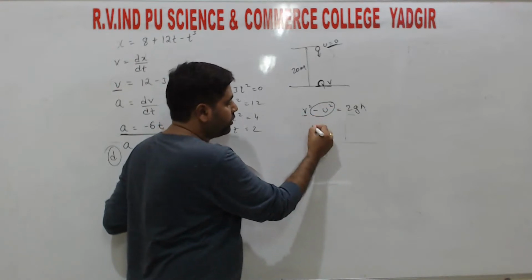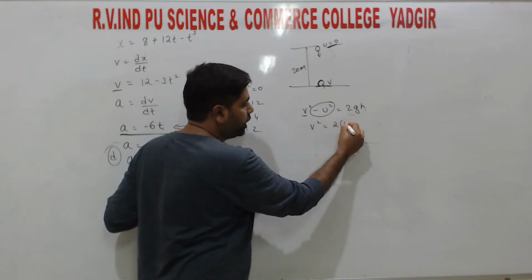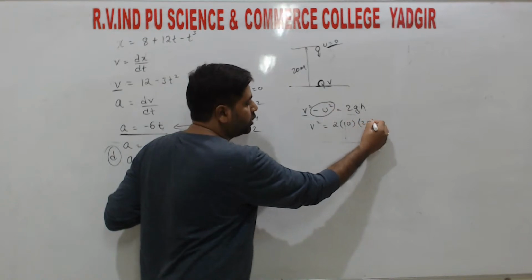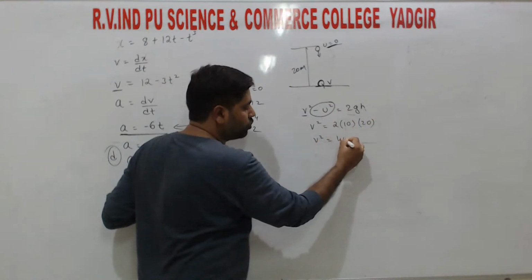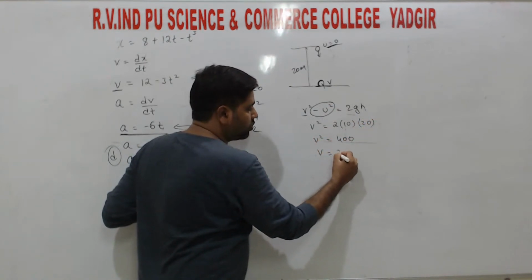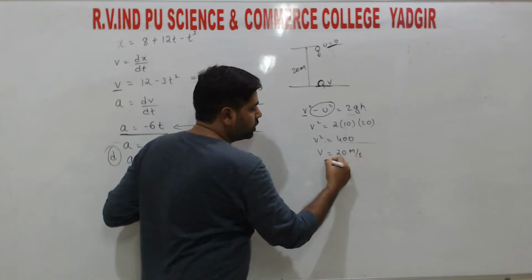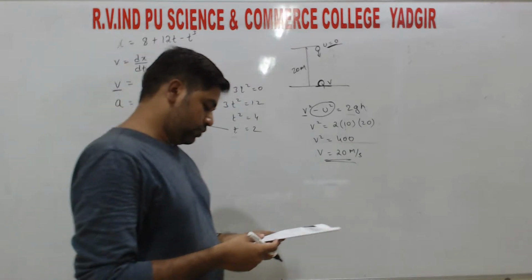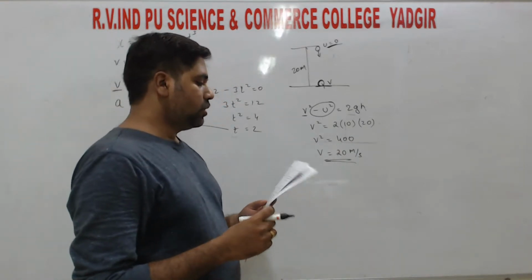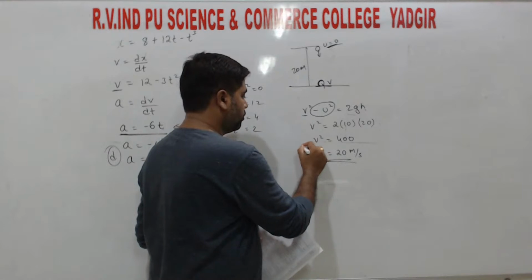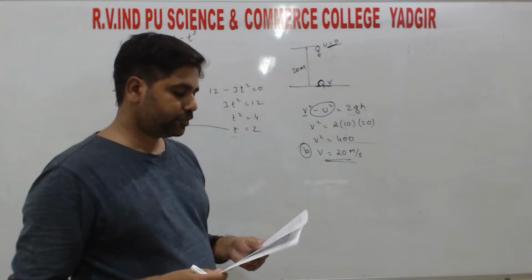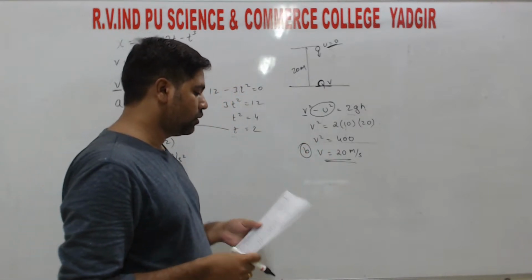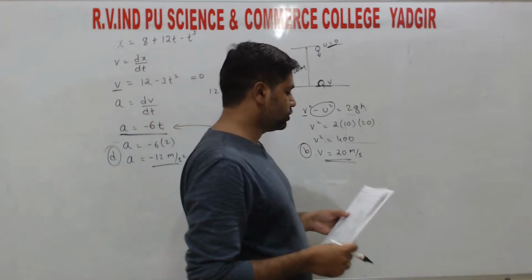So we need to find v square. v square equals 2 into g is 10 and height is 20. So v square equals 400. Then v equals 20 meter per second. So very simple problem, right? So the option is option B. So next, ninth question.